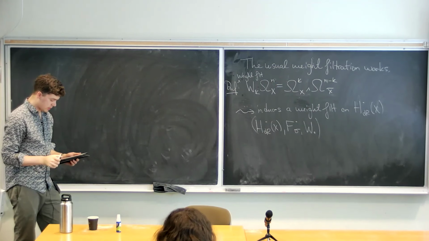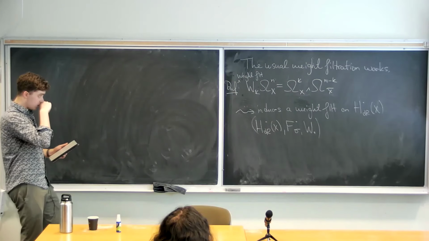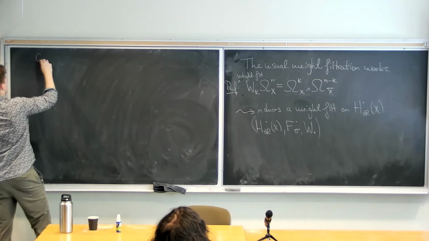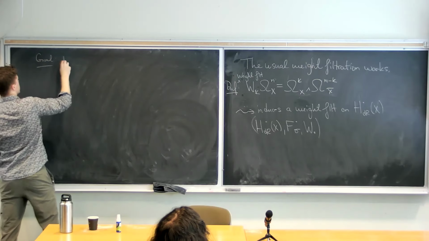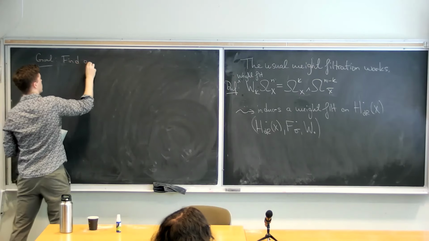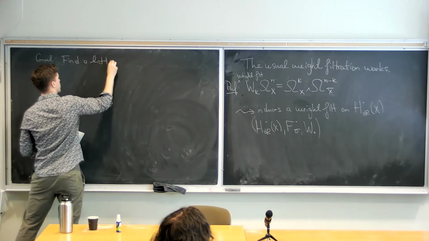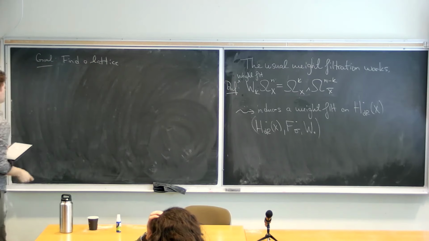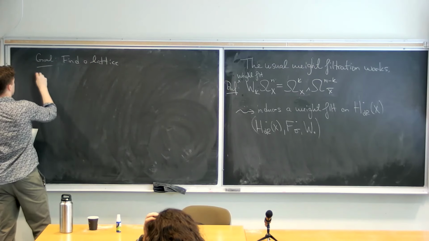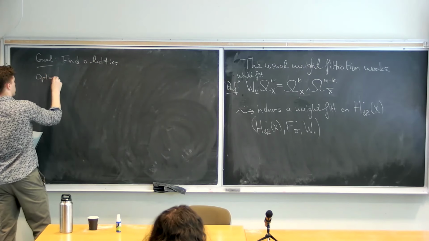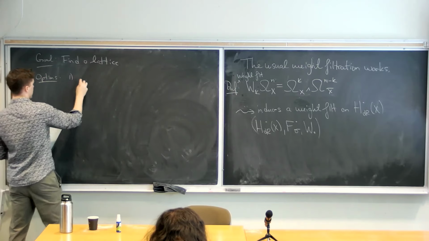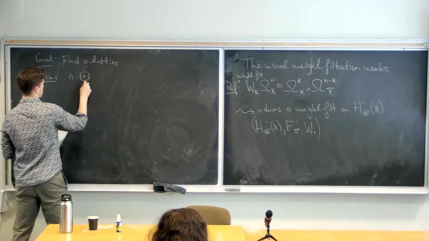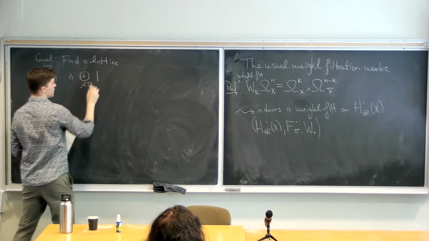And here that's also true. We could use the singular cohomology. So we want to find a lattice. And there's a couple options. The first thing we could do is take the even cohomology.